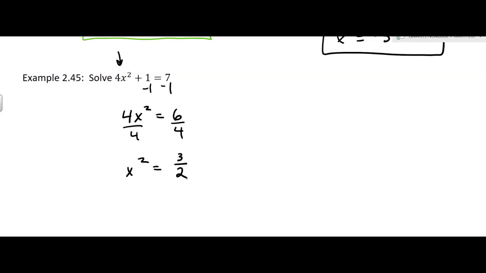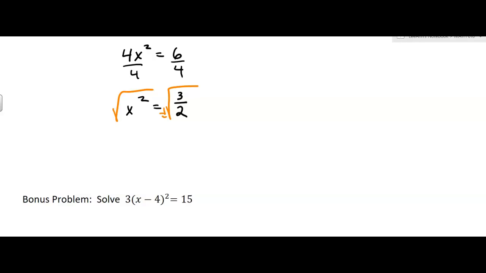Now you have x squared on the left, equals 3 over 2. So you can take the square root of both sides. Don't forget the plus or minus. So now what do you have? You have x equals plus or minus the square root of 3 over 2.